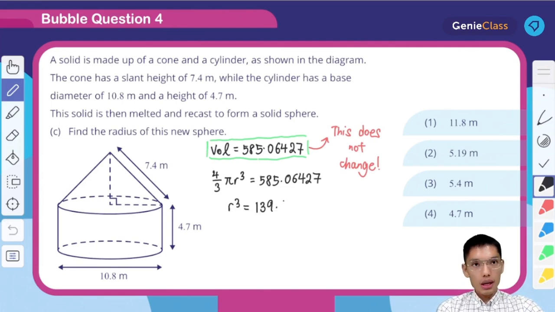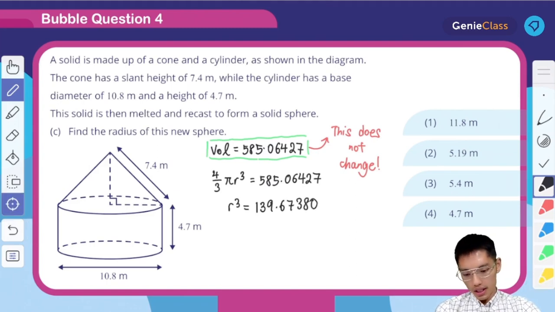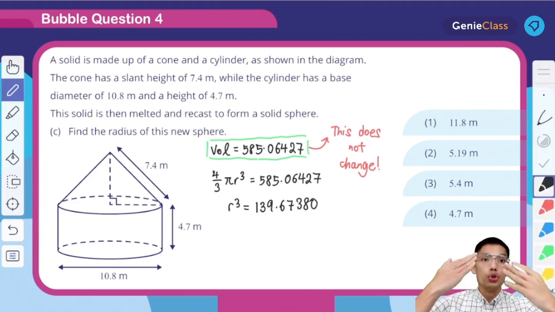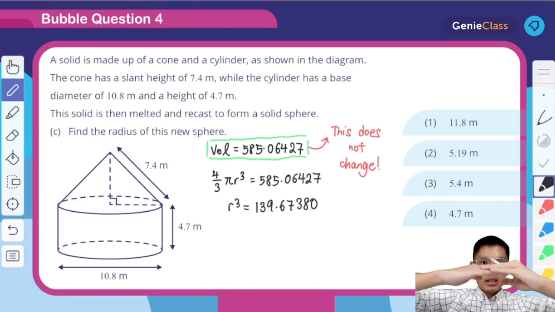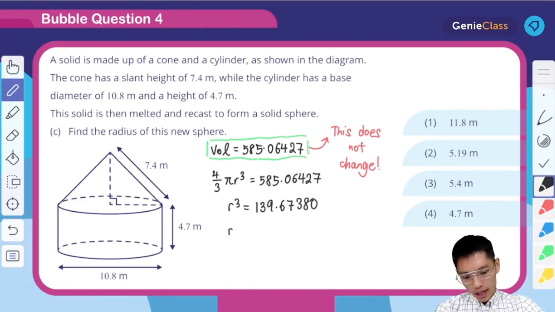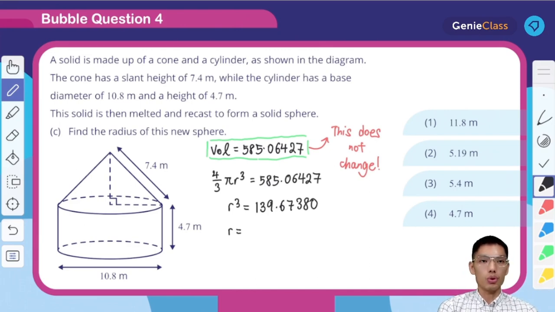You should get this value 139.67380. Write as many significant figures as you can, 5 decimal places if possible, to ensure that the answers do not change along the way. From here, we actually cube root, don't square root, cube root.